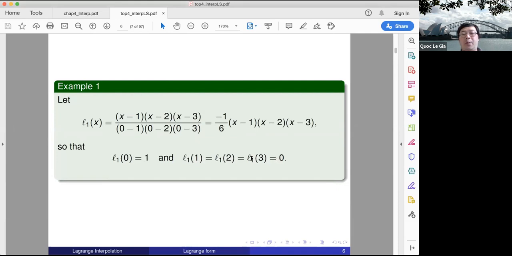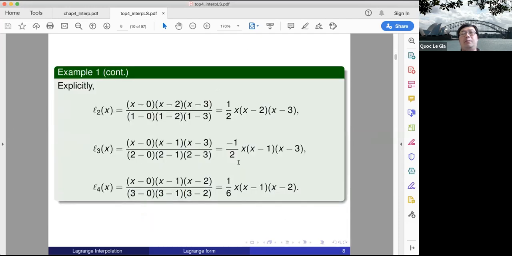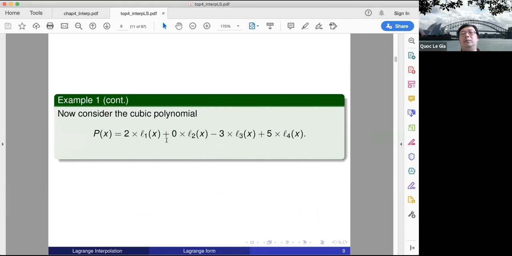So that special property makes the interpolation possible. If you can construct a polynomial that equals 1 at the data point and 0 at other data points, then it will satisfy the interpolation property.